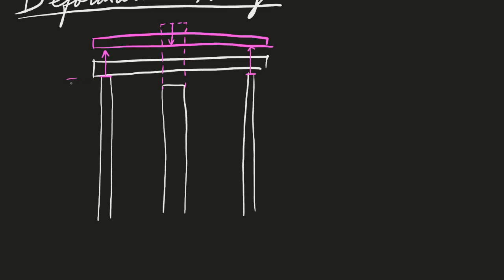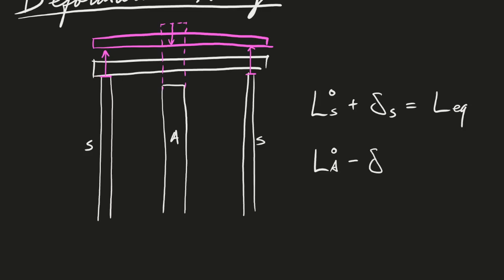This means, let me get my white color back, the original length of steel plus deformation elongation of steel is equal to the equilibrium length. Let's label that A, S. And then we can say the original length of aluminum minus the deformation of stress is equal to, actually no, it's more complicated than that.